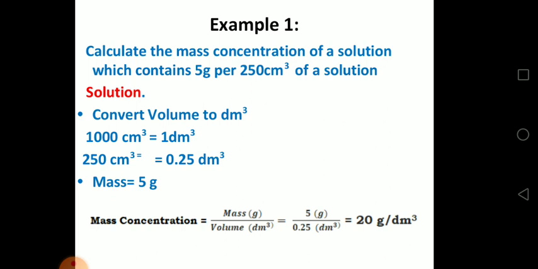So if we divide 5 by 0.25, that gives us 20 gram per dm cube, which is the mass concentration of the solution. I want to believe that this is clear to you. Don't forget, mass concentration measures the mass of the solute in gram per volume in dm cube.